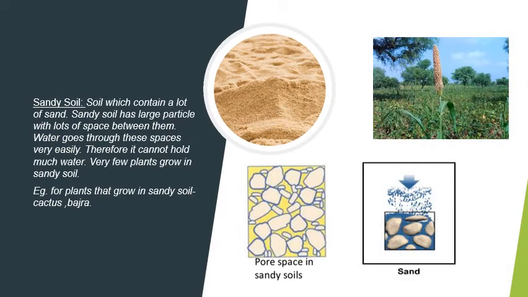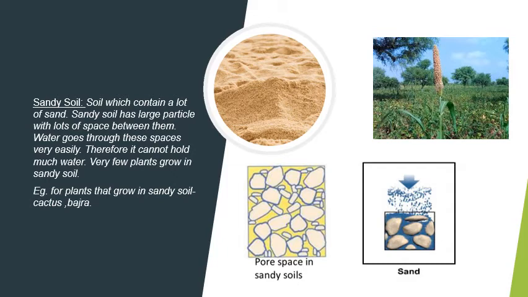Next is sandy soil. Have you ever noticed sand on a beach? It feels rough and loose. Sandy soil is a soil which contains a lot of sand. Sandy soil has large particles with lots of space between them. Water goes through these spaces very easily.